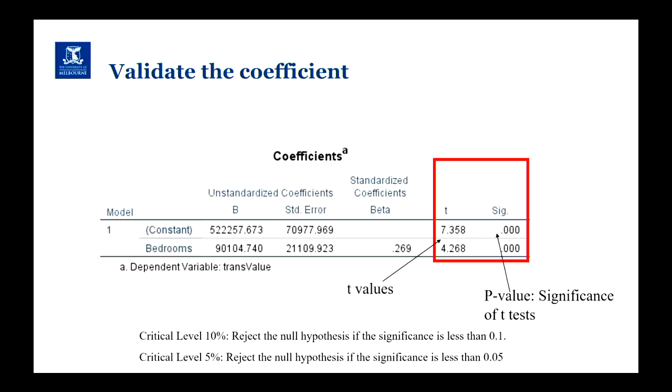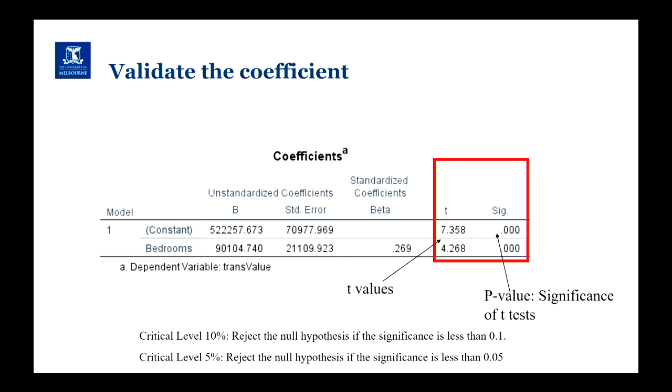In this case, because it is significant, we should say this is probably right. However, if this value is higher than 0.05 or 0.1, we will say that although the coefficient is 98,000, it is not significant.